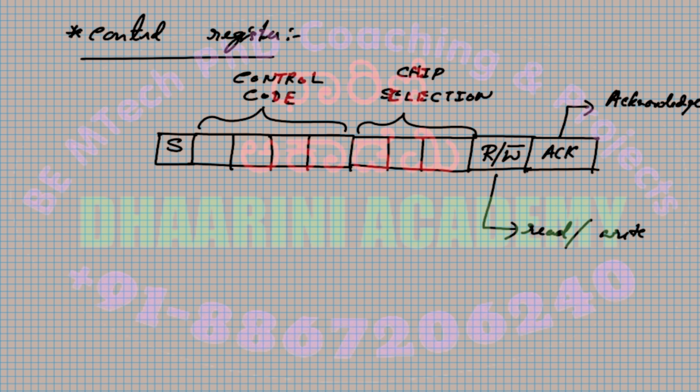All right, so these are the various fields. Now, out of these, we have 7 bits all together called the slave address. The slave address contains two things. First is a control code saying what kind of operation you are performing.